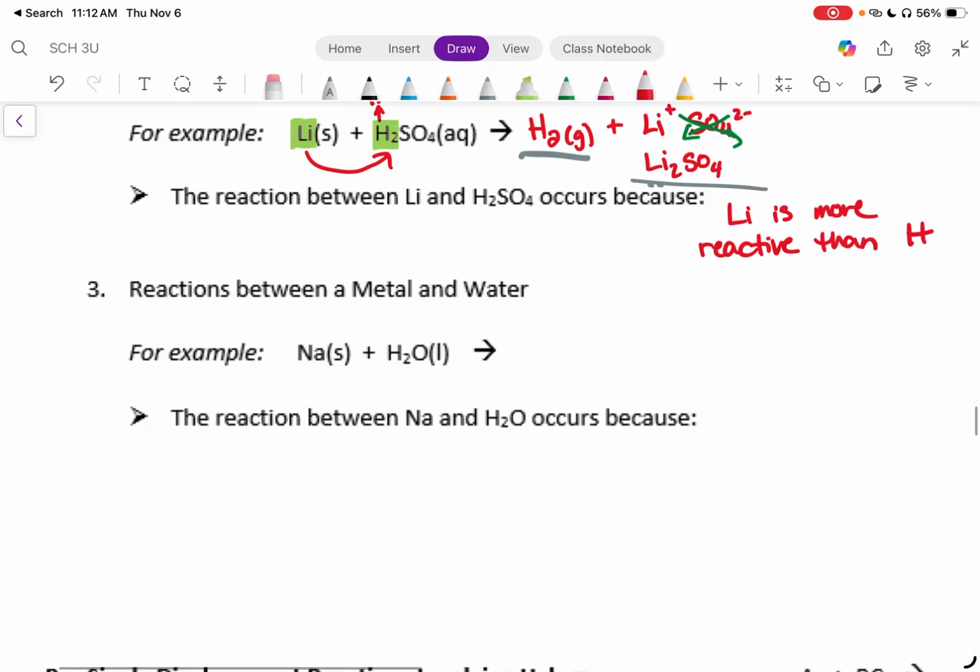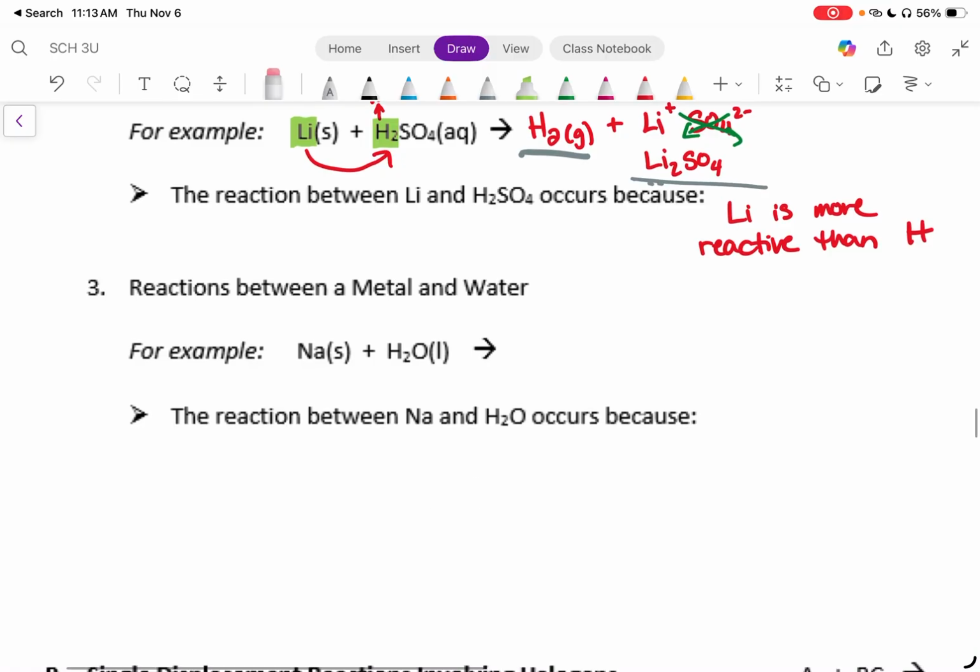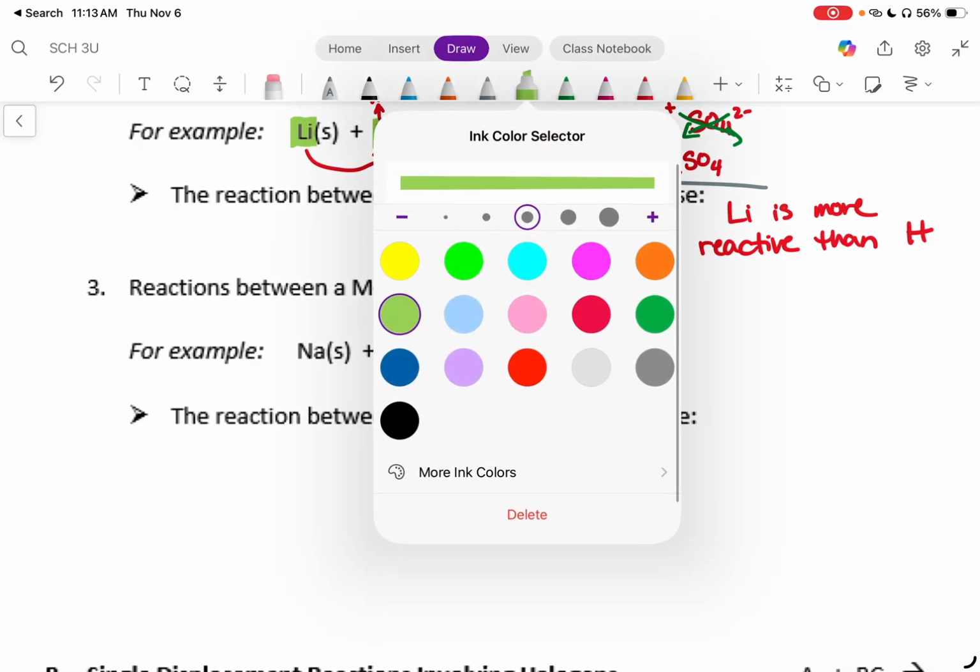The last type we could have is our reactions between a metal and water. So in water, we have our hydrogen. One of these hydrogens is going to act as an H+. The other one is going to form a hydroxide ion, our OH-. I still have H2O, but what I'm testing right now is still whether or not hydrogen will be stronger or weaker than my free element to determine if the reaction will occur.